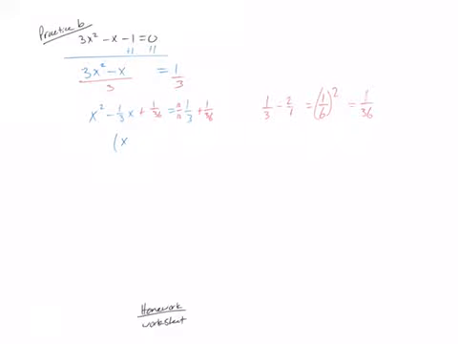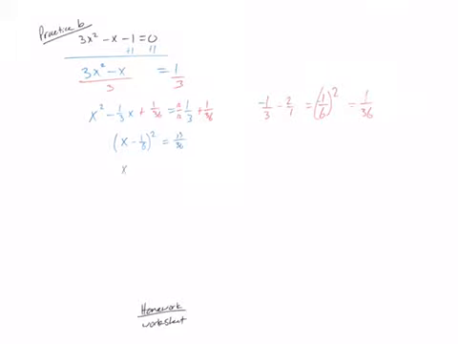In this case, it's going to be minus 1/3, because I should have written this like this. Should have been, sorry, negative 1/6, negative 1/6 squared is equal to 13 over 36.